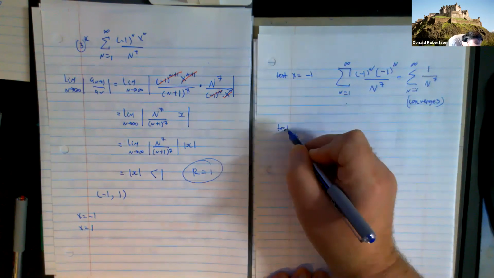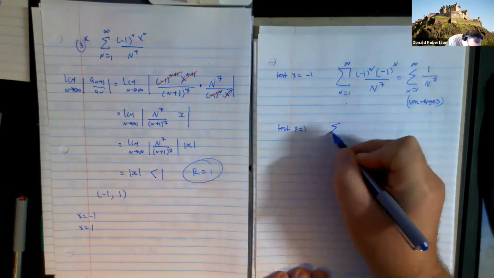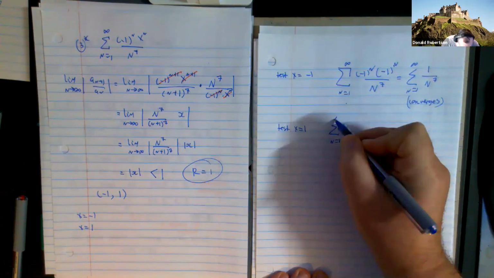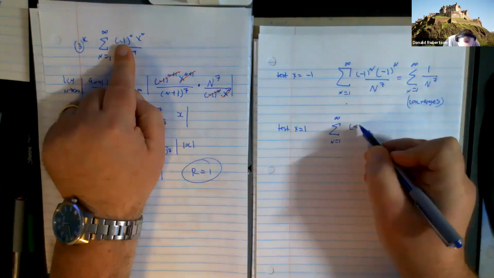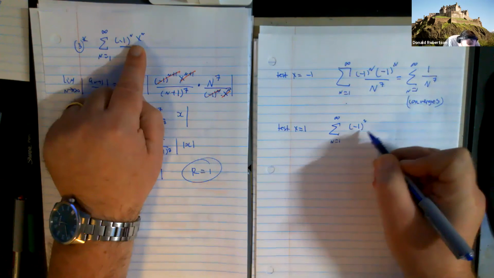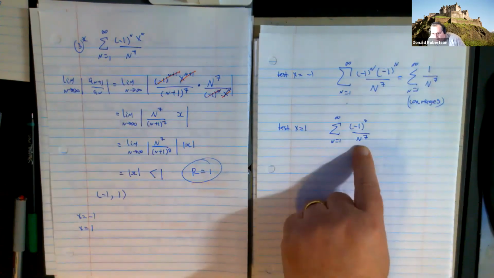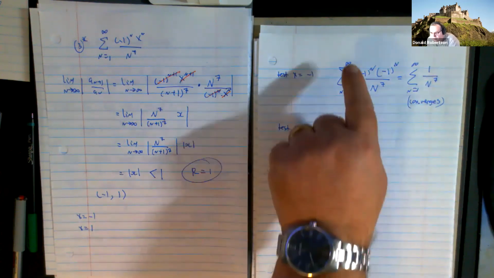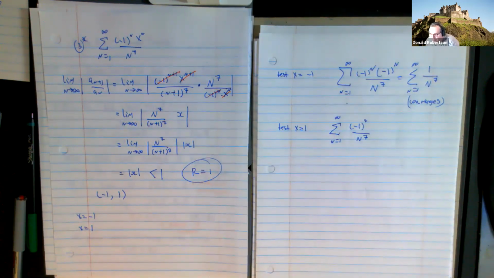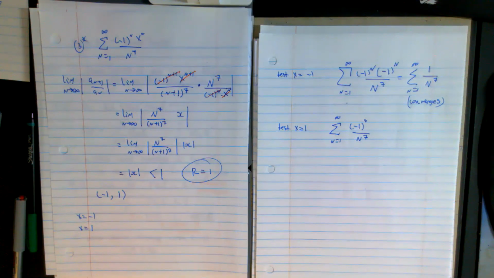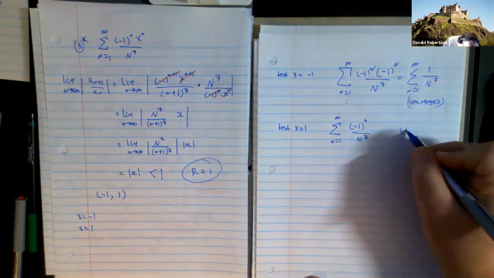Okay, let's test the other endpoint, x equals 1. Well, we get -1 to the n, 1 to the n, which doesn't really get you anything except that guy. Again, most of these endpoint tests are things you can very often just do in your head. Converges or diverges? Correct.